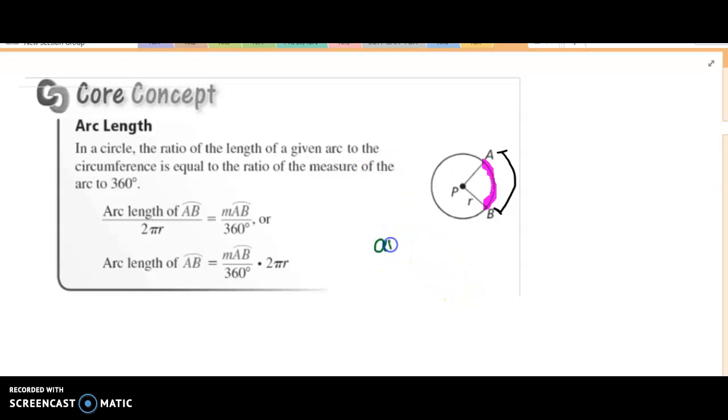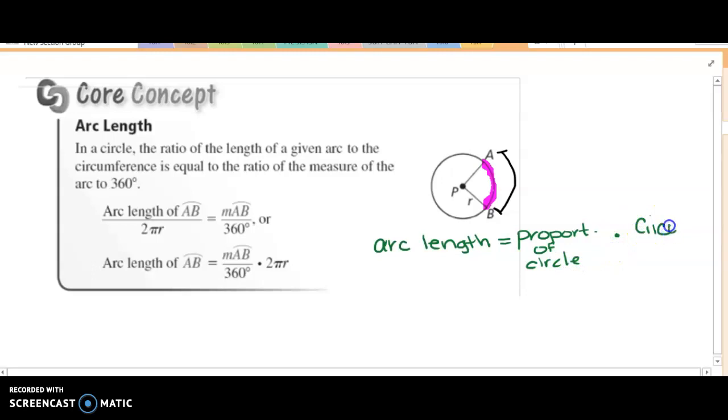I like to say that arc length equals the proportion of the circle times the entire circumference of the circle.